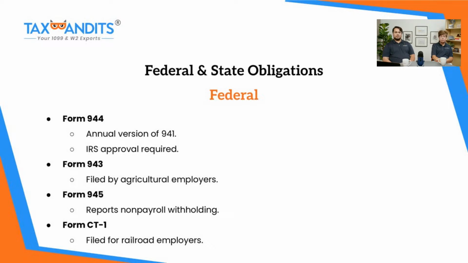If you had to withhold backup withholding, for example. Typically, you'll see this with other places that might withhold things like casinos as well. Casinos would have to file like a 945 for any taxes withheld for gambling winnings, and then the CT1 for railroad employers.